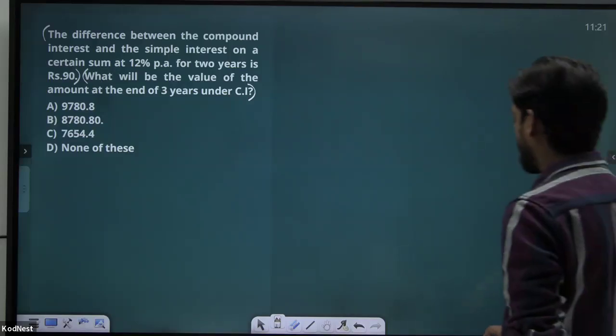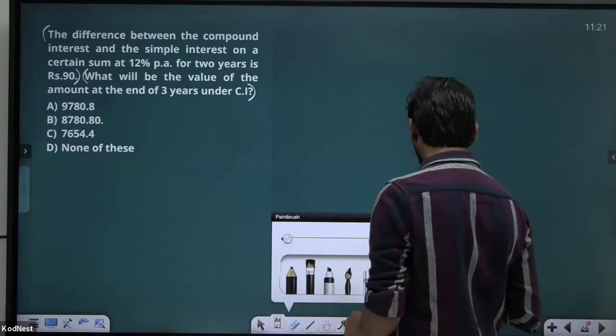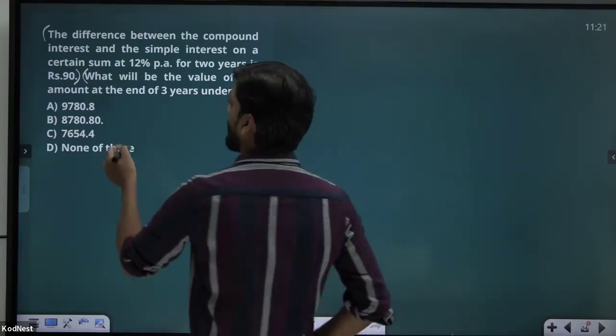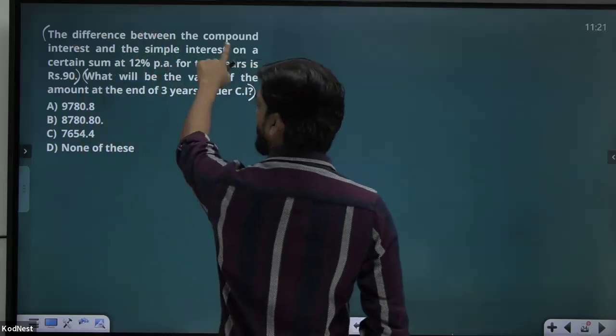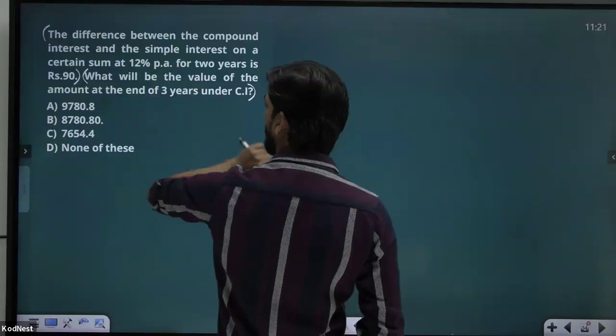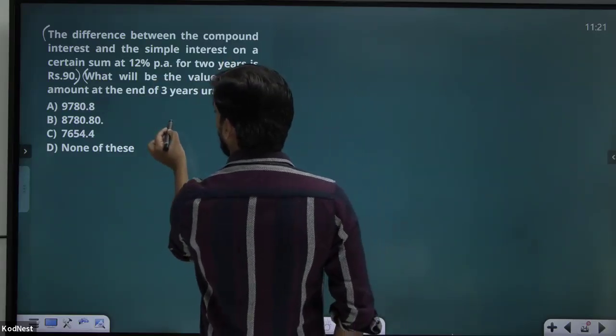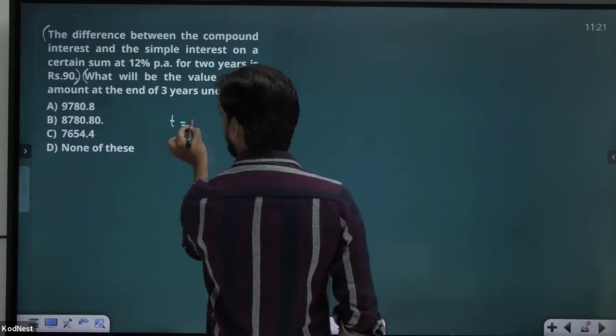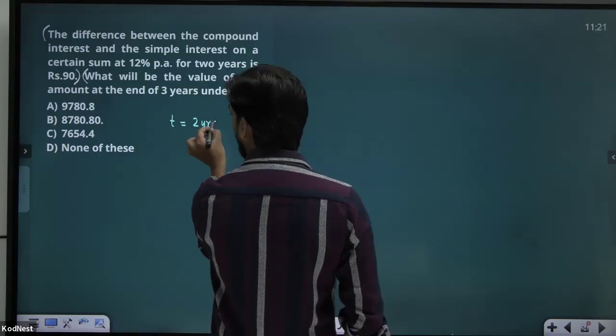All right. Carefully see now. First thing is the difference between compound interest and simple interest is 90 rupees. Rate of interest 12%. Time is 2 years. Because the time is 2 years, I can apply the formula.